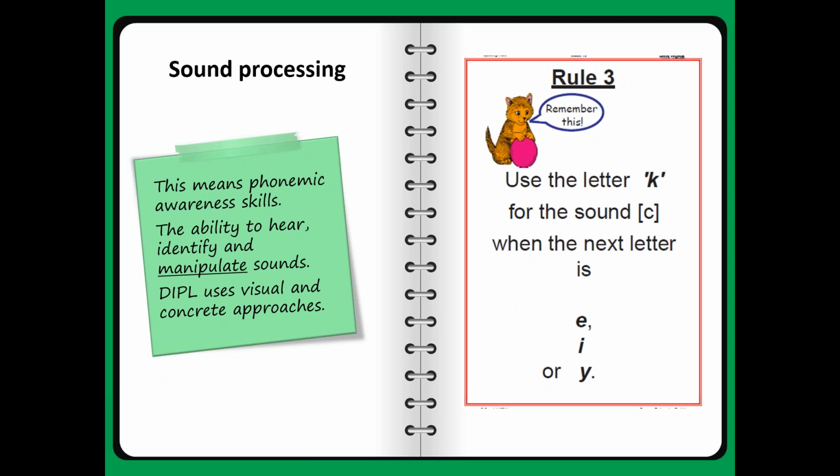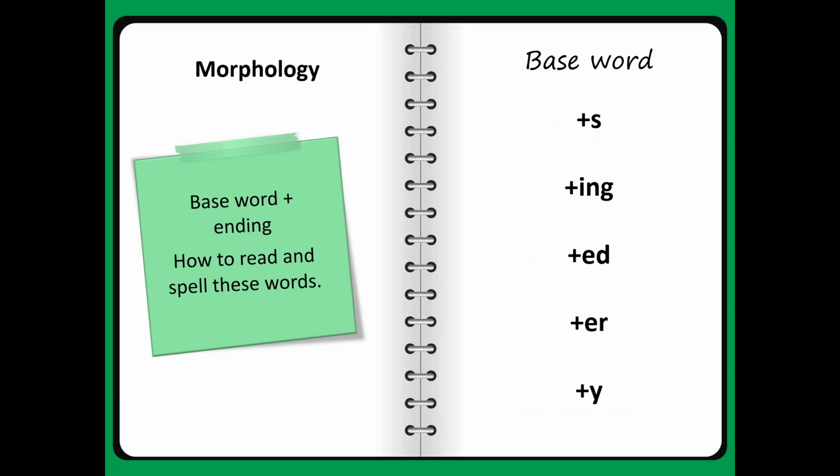Students get very excited by this rule and it opens up hundreds of spelling choices. As they become more confident, we do explain that there are a few exceptions, but initially it opens up hundreds of spelling words and they love applying the rule.